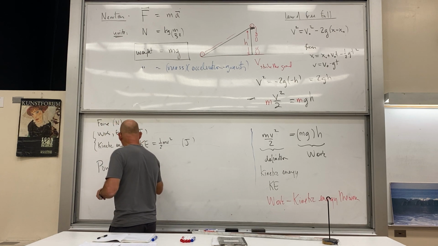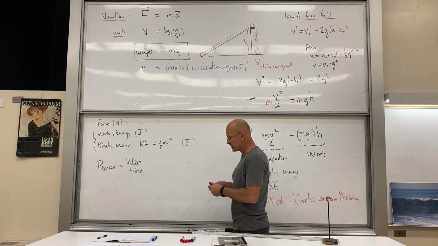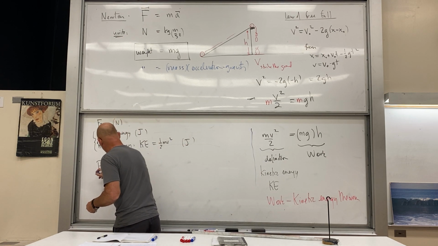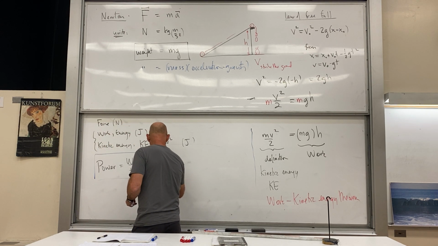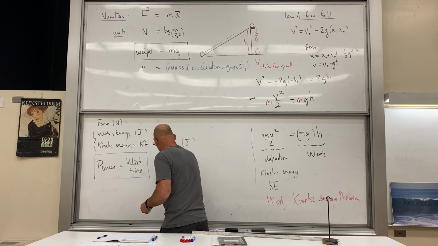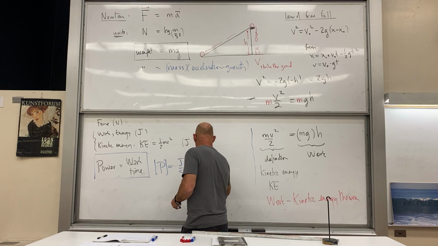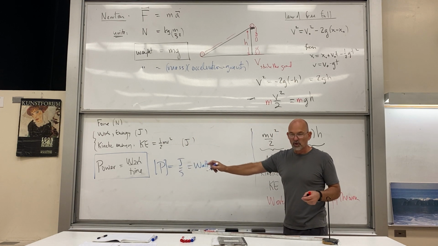Okay, but we're using the word work and energy interchangeably as we need them. So power, work per unit time. P is equal to the units here, joules per second, and that's the watt. And since we have so many W's going on, I often just write the word watts out.